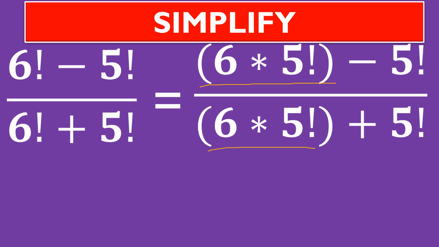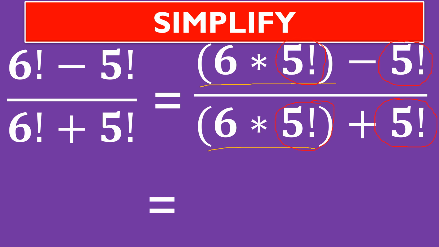Also, we can clearly see that 5 factorial is common here at the top, and therefore the 5 factorial can be factorized out. Also at the base, we have 5 factorial common here, and therefore it can also be factorized out at the base.